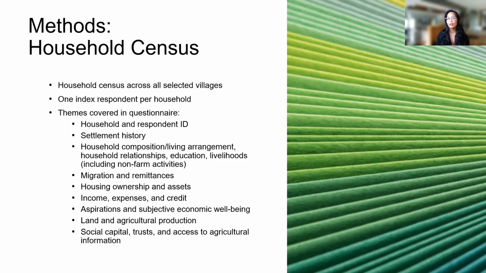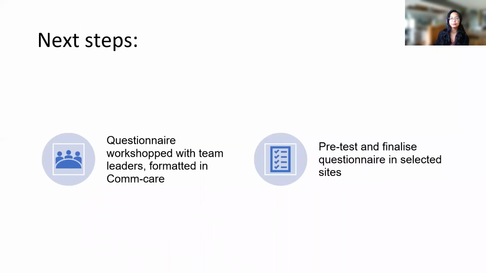The fourth theme will be looking at the topic of migration and remittances. We'll also be interested in documenting housing ownership and assets, income, expenses and credit, a set of questions on aspirations and subjective economic well-being, and of course, questions on land and agricultural production, and finally, a set of questions on social capital, trust, and access to agricultural information.